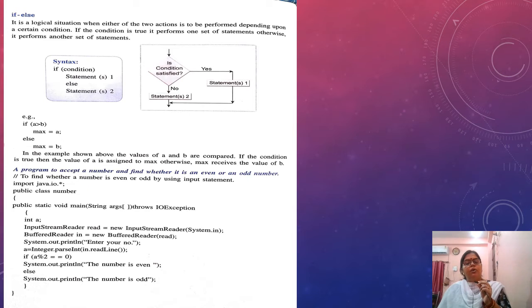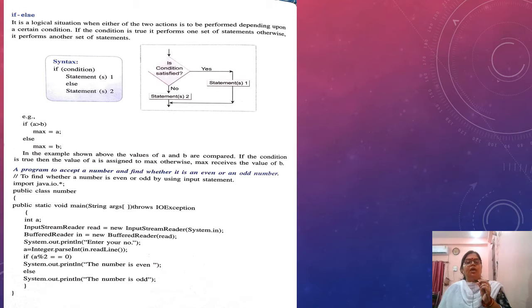Suppose in a we have input 12. Then a modulo 2 is equal to 0. If the remainder is 0, then the number is even. Otherwise, if we input 13, the remainder is 1, then the number is odd.